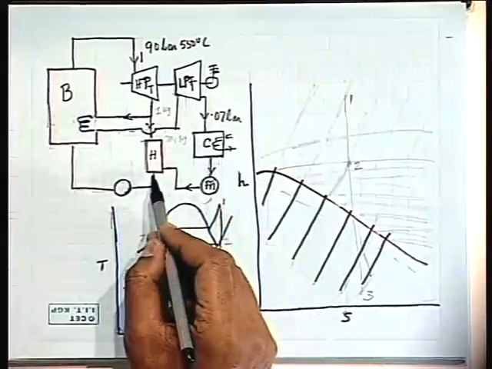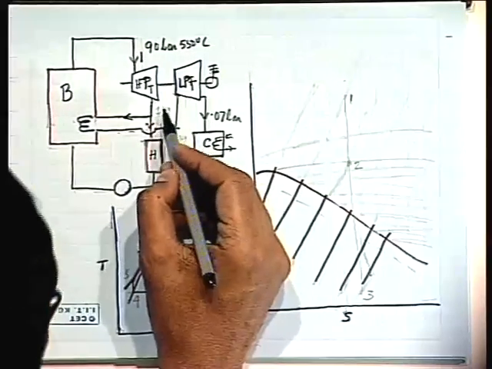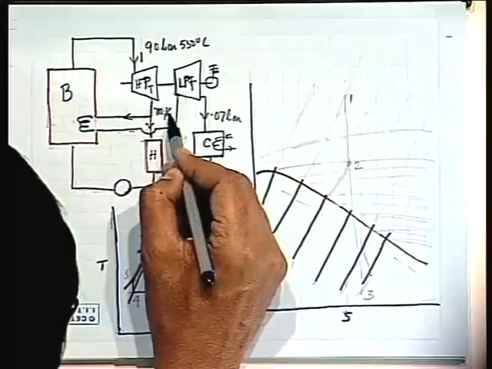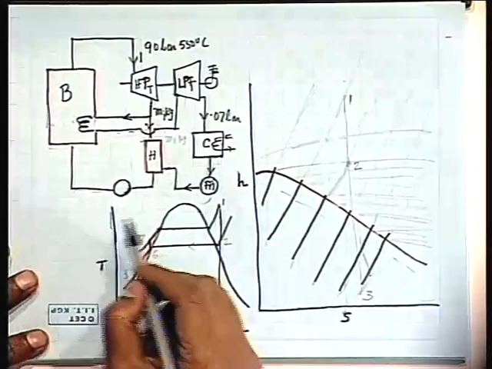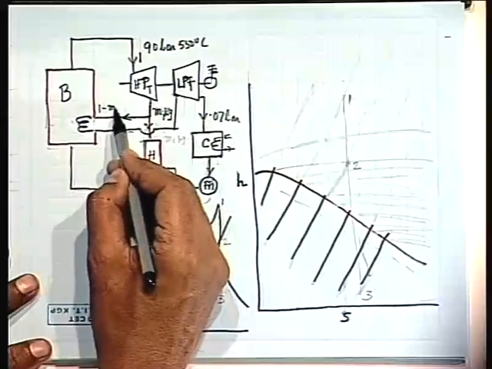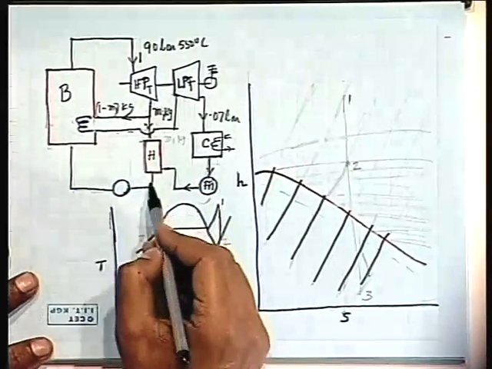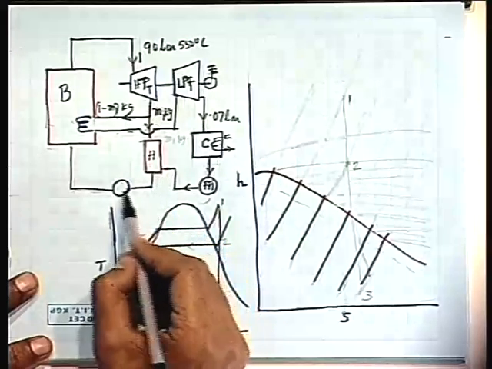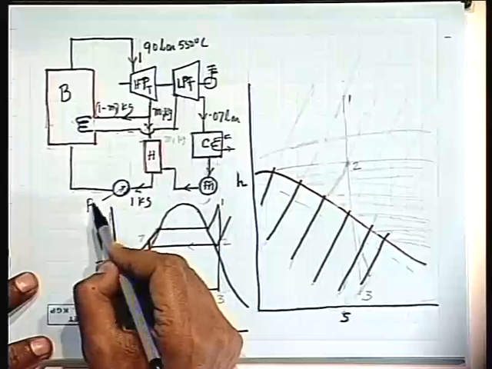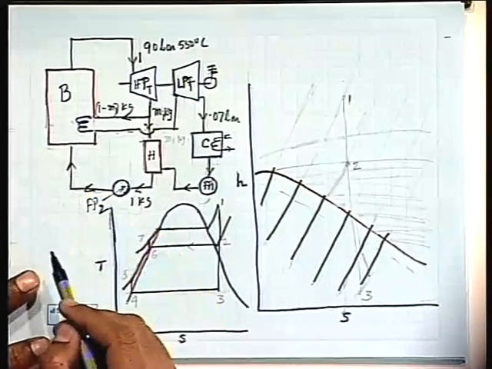This heater gets M1 kg bled, and 1 minus M1 kg goes to the reheater. Then it mixes, ultimately 1 kg. Then this is feed pump 2, and this goes to the boiler.